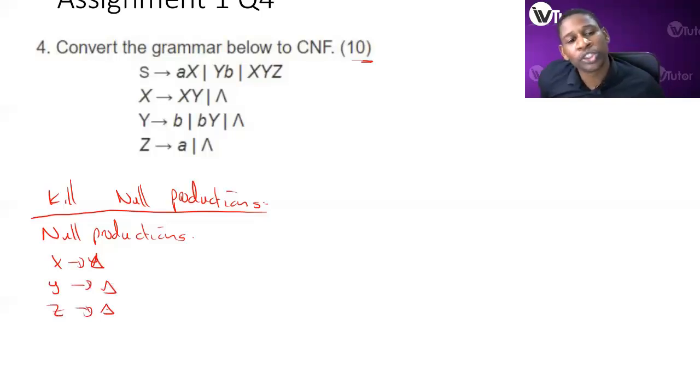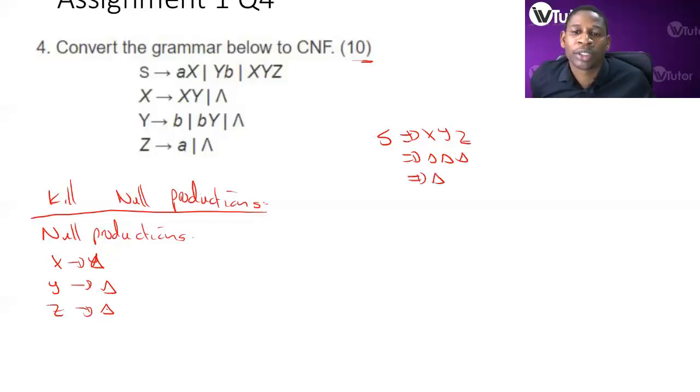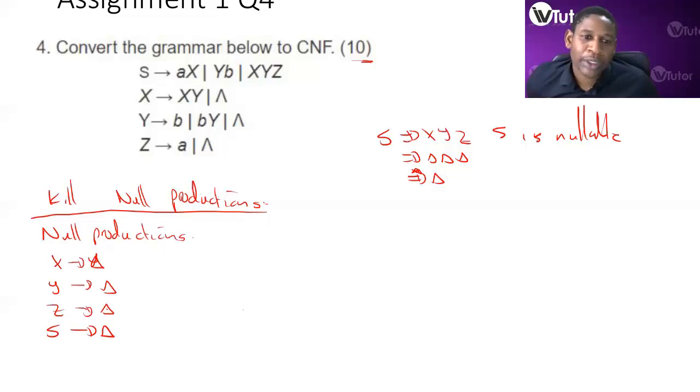Right, so if we do this, we'll see that S goes to X, Y, Z, and this goes to null. So eventually we're saying this goes to null. So S also goes to null. It's nullable. So you say S is nullable. Right. So we're killing the null productions.